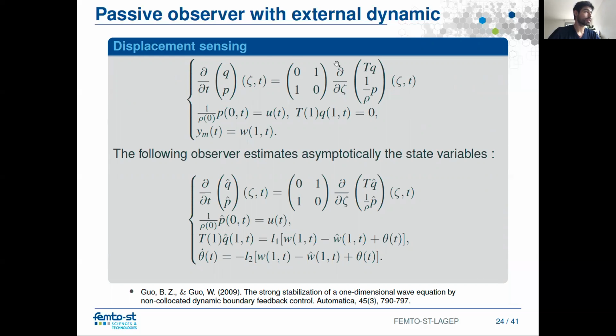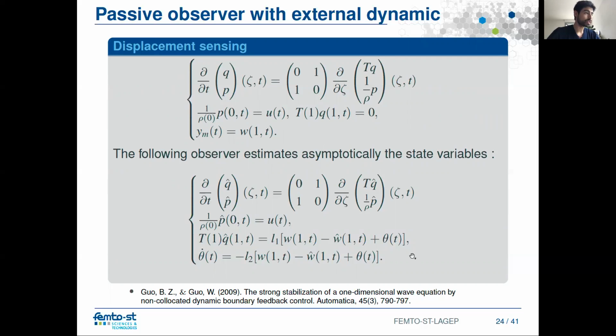For example, here we have exactly the same problem as before, but now we can act on the velocity and the force at the other side. The string is free. The following observer estimates asymptotically the state variable.